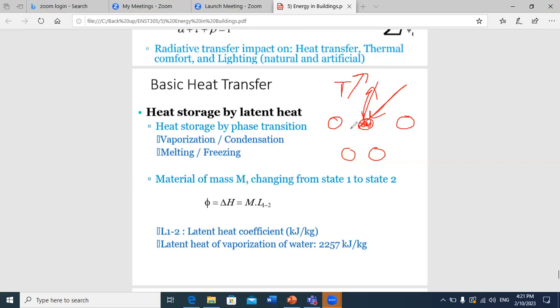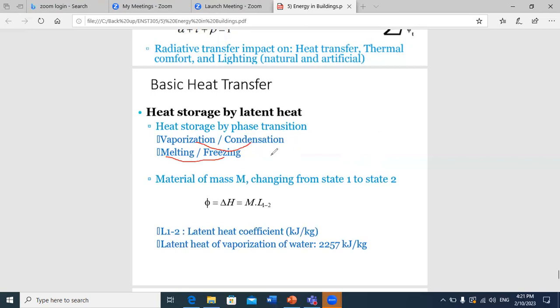And then when the temperature is low inside your space, it will release heat and go from liquid to solid. So this is the phase change. It can be melting, freezing, as we discussed now, or vaporization, condensation, in case you go from liquid to gaseous state.